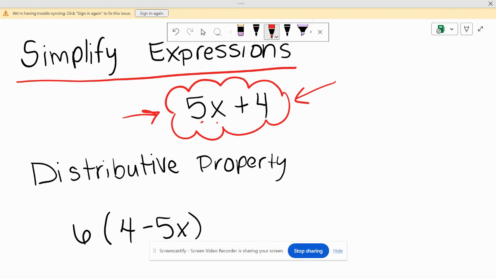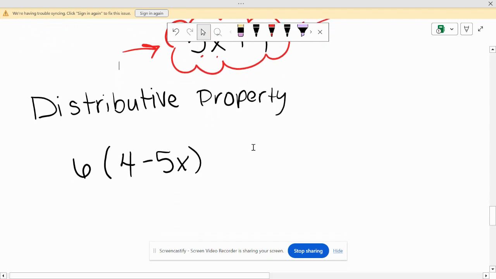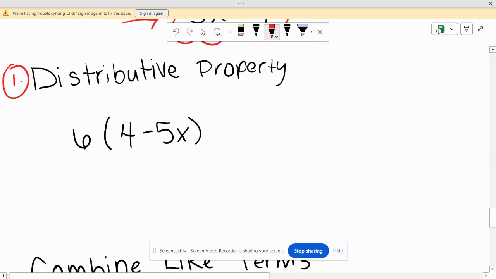We looked at two different ways to simplify expressions. Number one was using the distributive property. With the distributive property, we distribute the number that is outside the parentheses to all of the terms inside of the parentheses. So in this case, we have a positive 6, and that positive 6 is going to be multiplied by a positive 4.